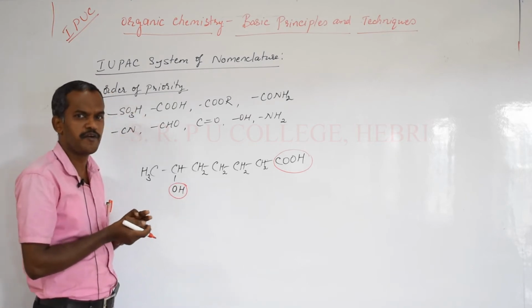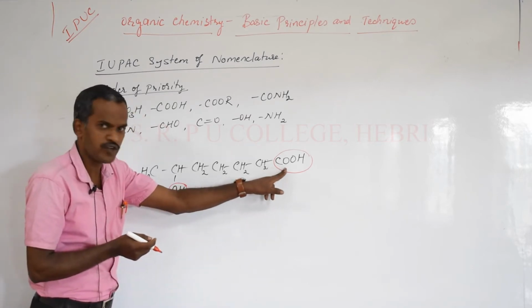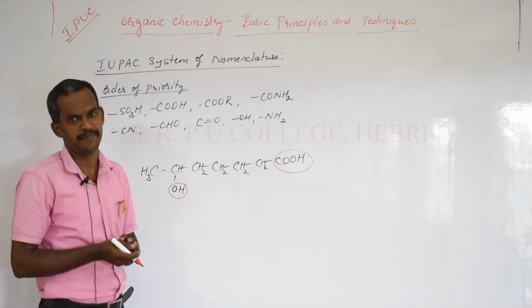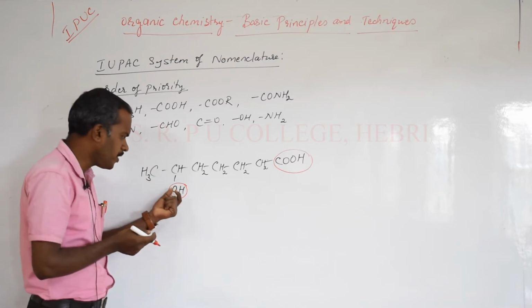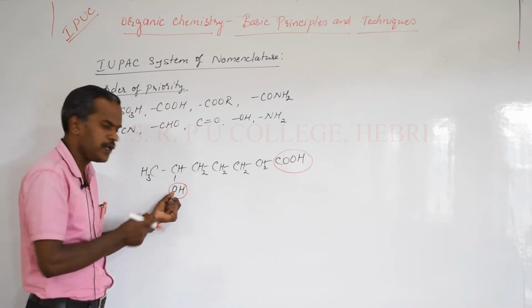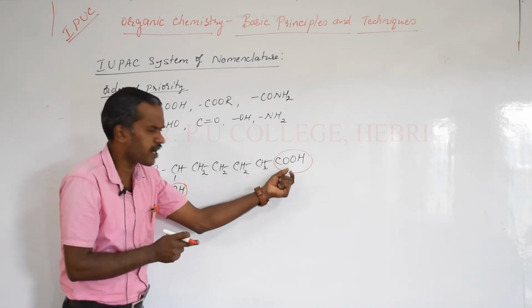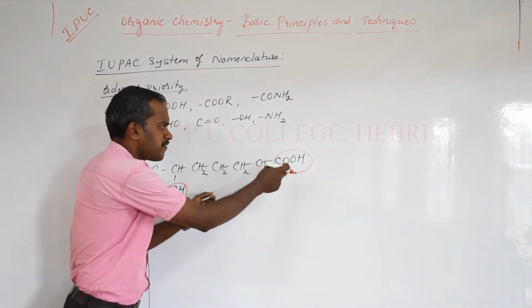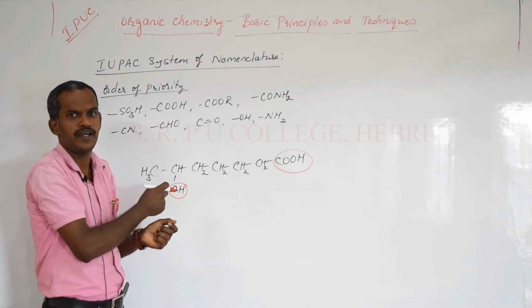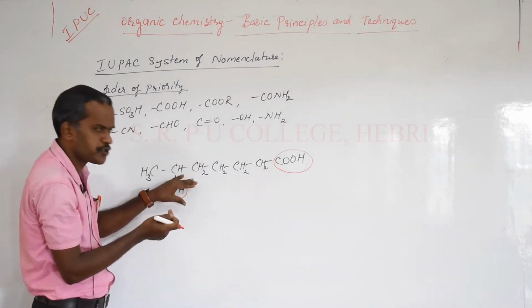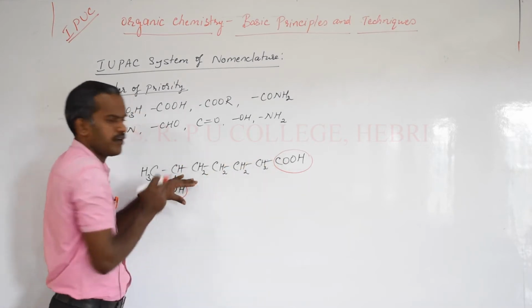Just for your information, this is carboxylic acid, this is an alcoholic group, both are functional groups. Now if you give importance to the alcoholic group, you must number it from left to right. If you give importance to the carboxylic acid, you must number it from right to left. The question is, if there is only one functional group, suppose the OH group is not there, you must number it from right to left only.